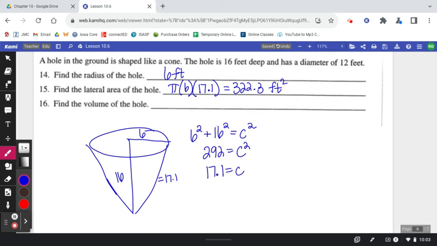And the volume, it's a pointy, so 1/3. The area of the base is a circle, so pi r squared times the straight height, which is 16. 1/3 pi, 6 squared times 16, 603.2 feet cubed.